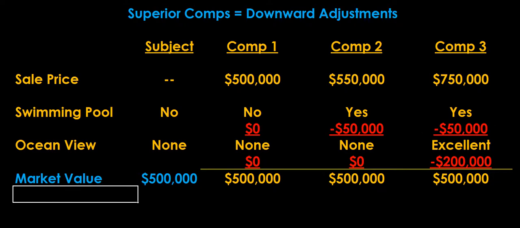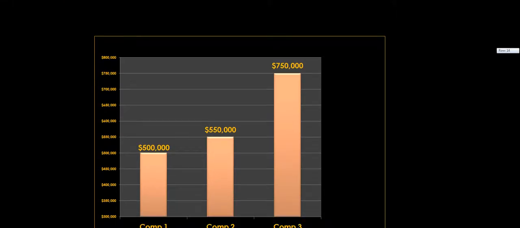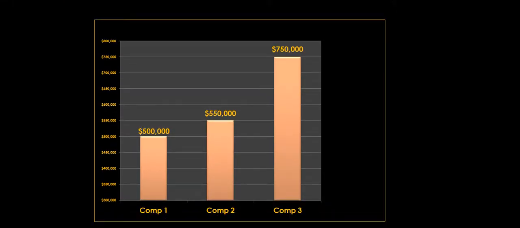It might be easier to look at this on a graph. Let's scroll down a little bit. If you come down here, this is a graph that shows the sale prices of each of the 3 comps. We know already that there are no adjustments needed for Comp 1, that it's clean, that there's no pool, there's no anything, and so it's just going to be $500,000 with no adjustments.